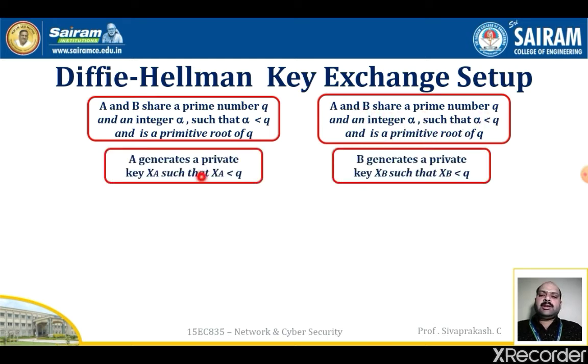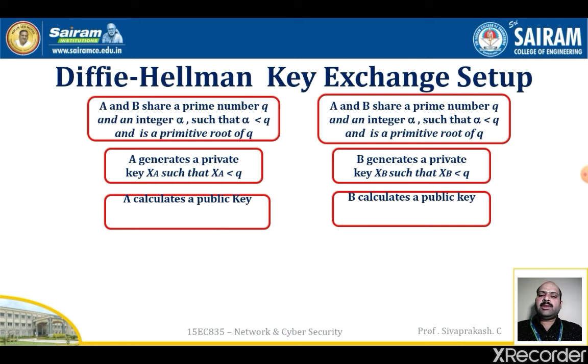Next, user A generates a private key XA such that XA is less than q. Similarly, user B also generates a private key XB such that XB is less than q. Later, A calculates its public key as YA is equal to alpha to the power of XA mod q.